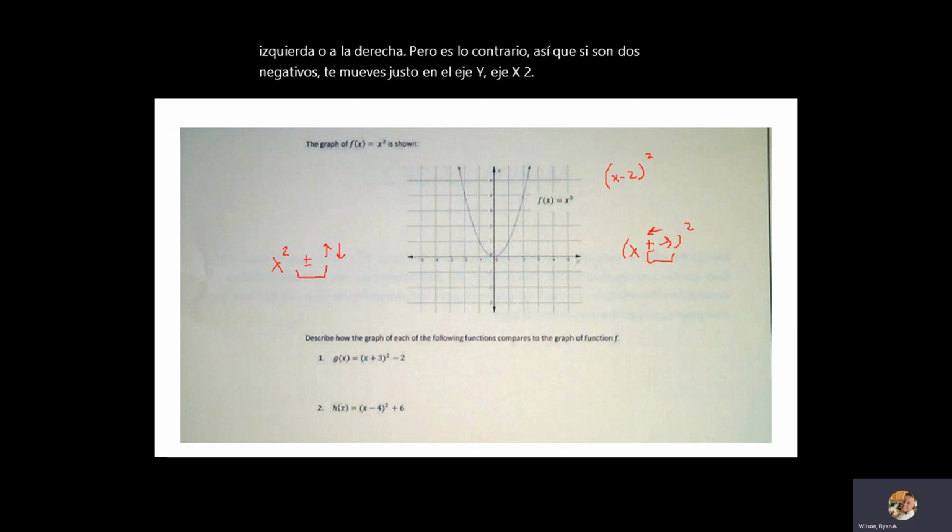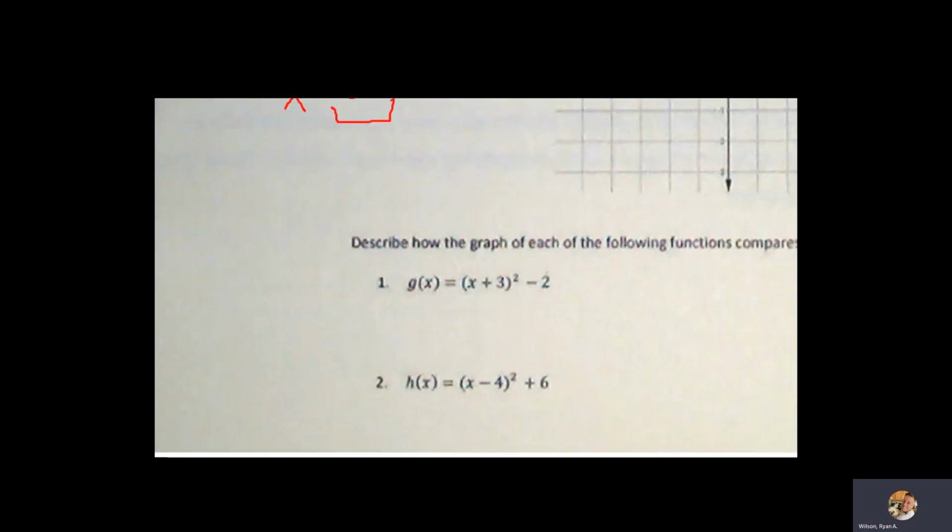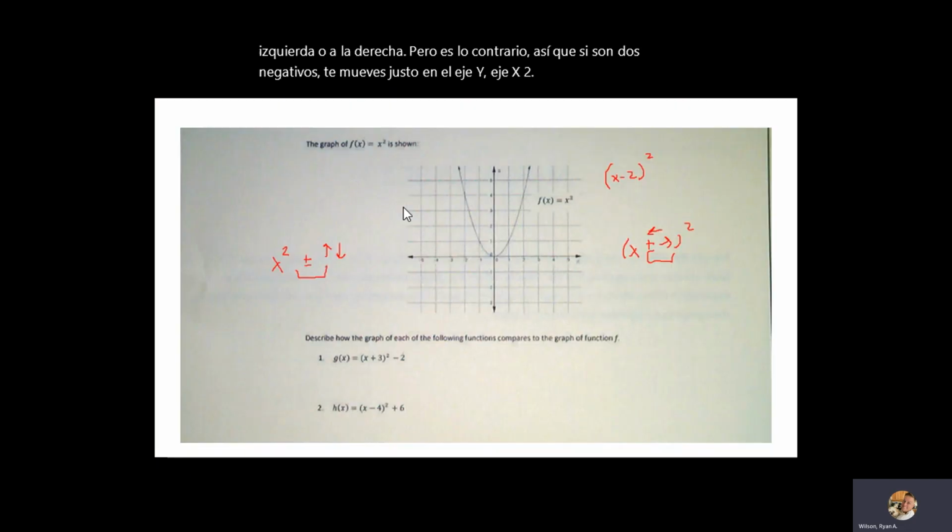All right, so if it's inside of the parentheses, it's left or right movement. So now you have a number on the outside that moves it up or down on the y-axis, and then you have the +3 on the inside that moves it left 3 units. Okay, so that's what we're going to say. The +3: left 3 units on x-axis.